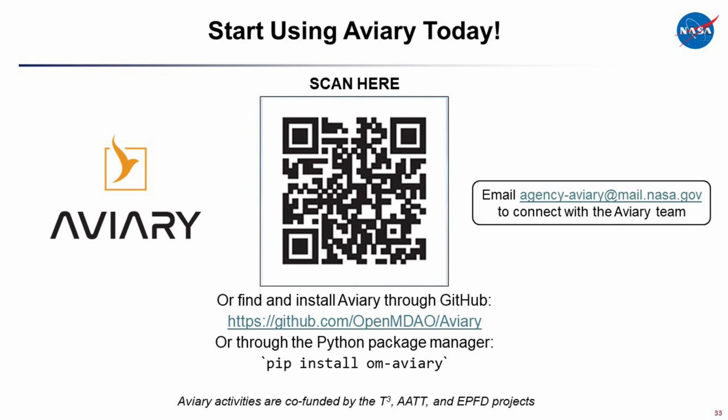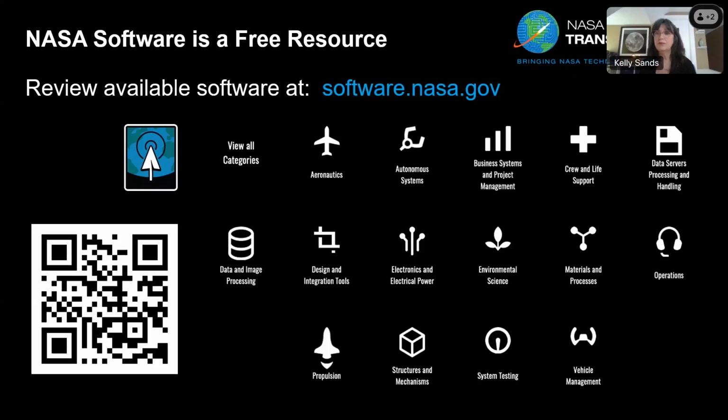As we wrap up, I just want to mention a quick overview about NASA software. NASA software is a free resource and is available through the NASA software catalog, which can be accessed directly at software.nasa.gov or through the agency technology portal at technology.nasa.gov.